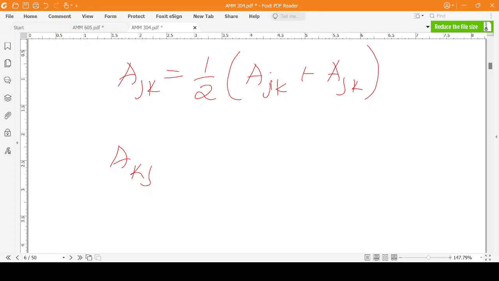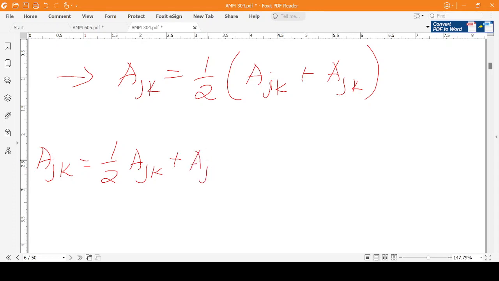But what I want us to look at is this quantity that we have written: Ajk is equal to a half of Ajk plus Ajk, a half of that.